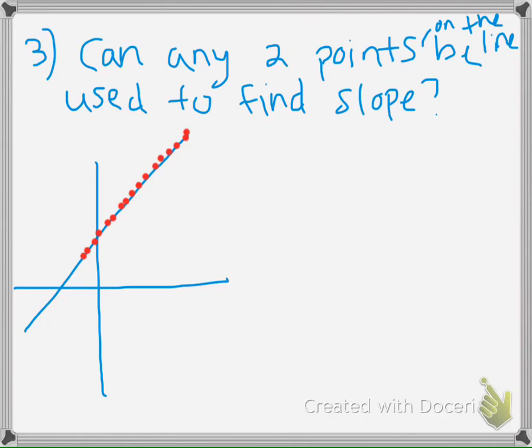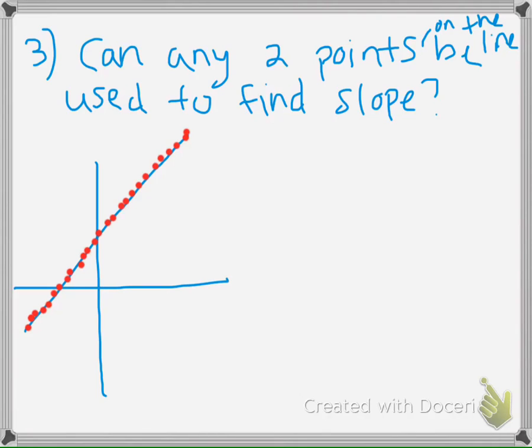Okay, this whole line has millions of options for coordinate points that are on that line. Could I use any of these points to find the slope? Yes, I can find any of them. As long as the points are on the line, I can use them.